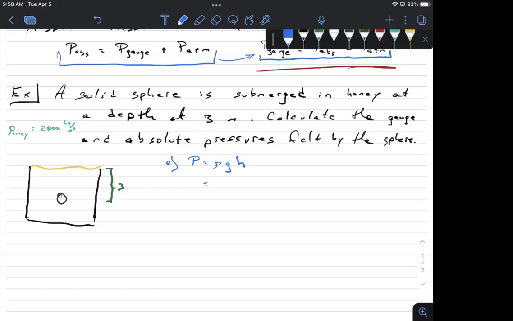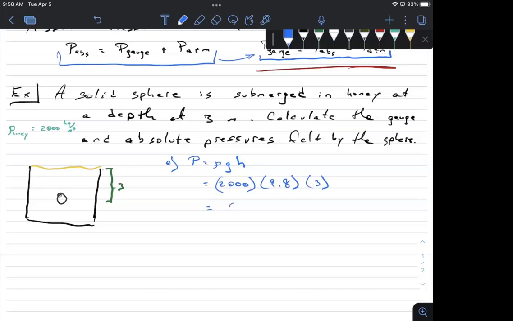And then all we need is the density of the fluid, well, in this case, we're talking about honey, and I'm told the density of honey is 2,000 times g, that's 9.8, times the depth we're at, which is 3 meters. So pretty straightforward. We have all of our numbers. We just plug them in our calculator and we'll get our answer.